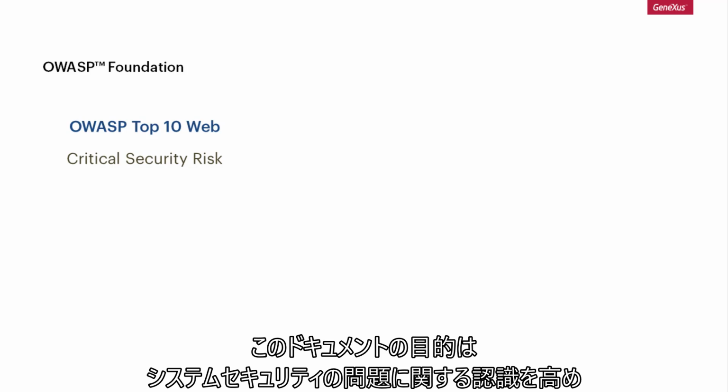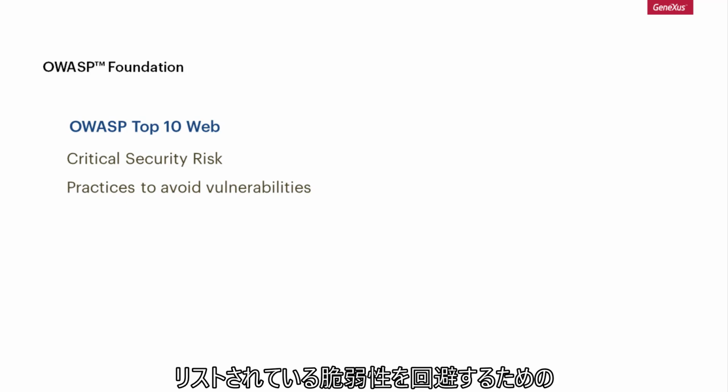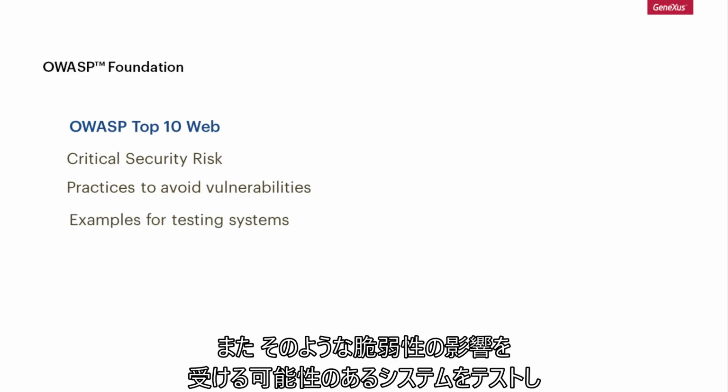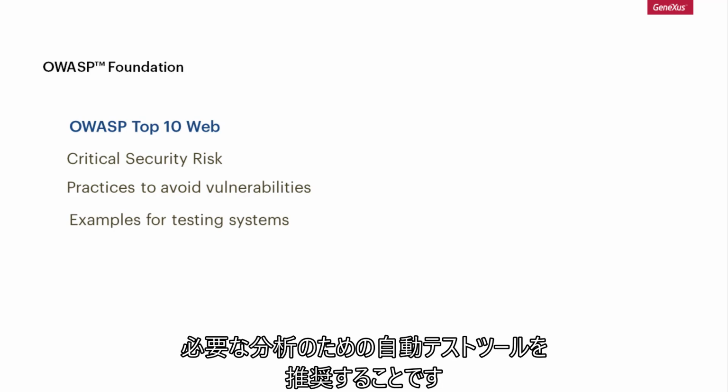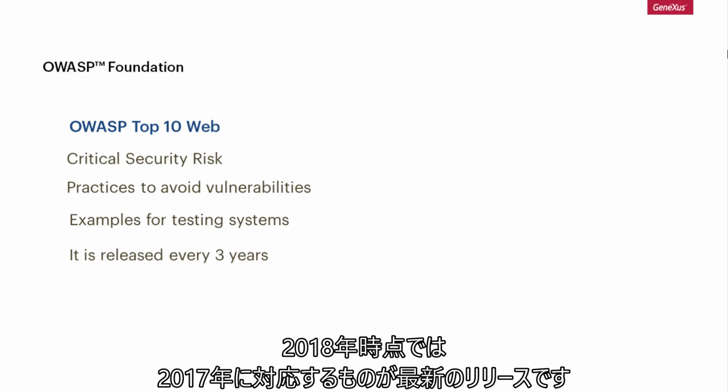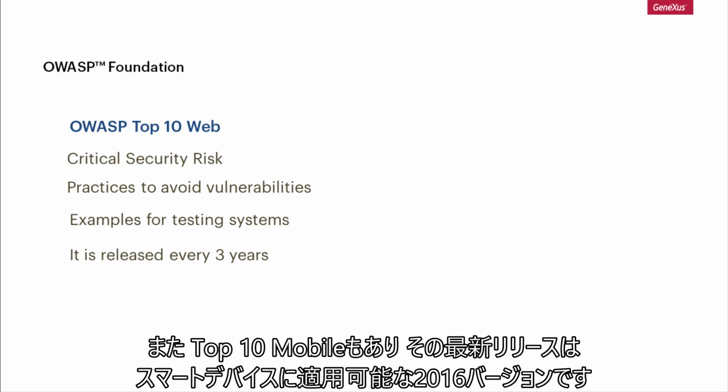The purpose of the document is to generate awareness about the issue of system security and to provide guidelines regarding best practices in order to avoid the vulnerabilities listed, as well as to give examples for testing systems that might be subjected to such vulnerabilities and recommend automated testing tools for the necessary analysis. The Top 10 Web is released every 3 years, with the one corresponding to the year 2017 being the latest release now. There's also the Top 10 Mobile, whose latest release is the 2016 version, applicable to smart devices.